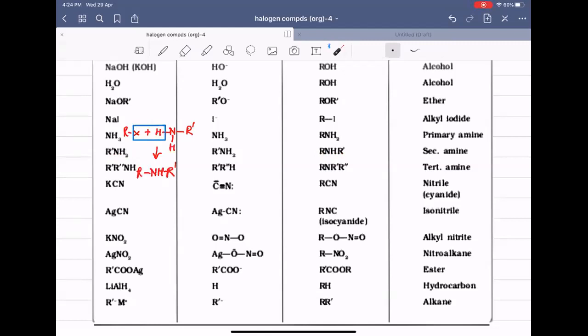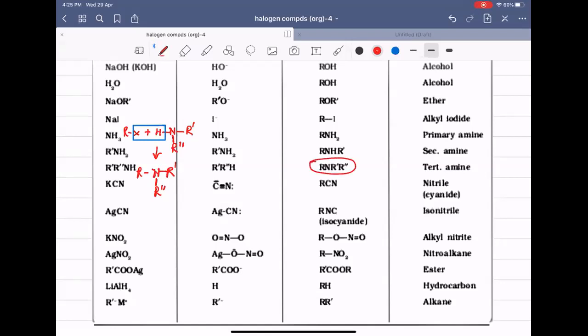Clear? In the same way, if you have two R's and only one H, then that H is removed along with X. So you can replace this with R, one more R, put an R double dash, and your product would be RNR dash R double dash, what you see here, right?